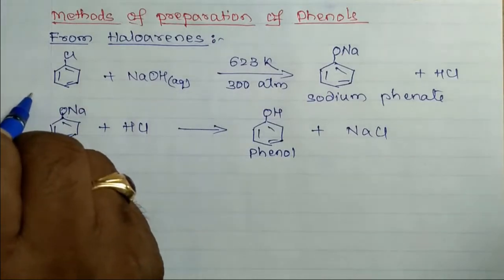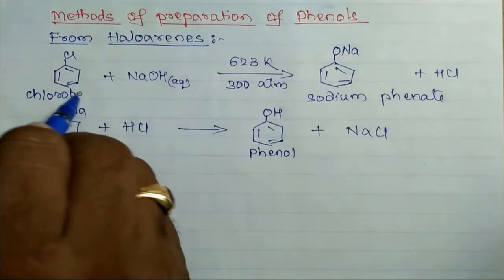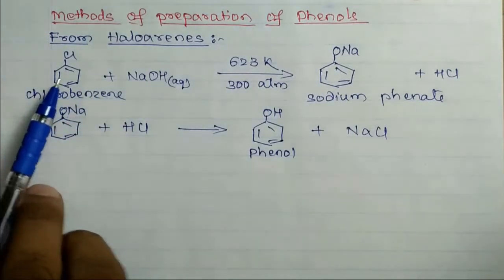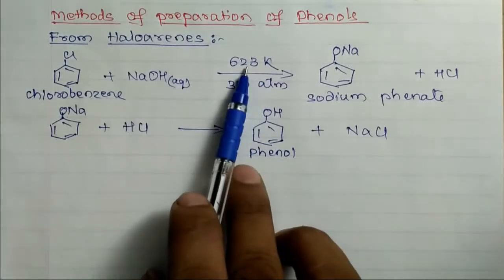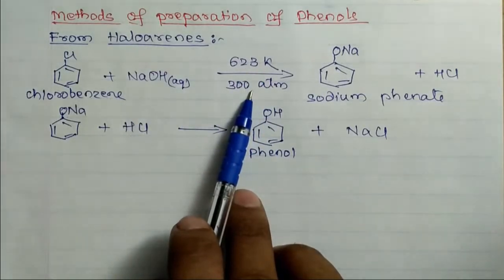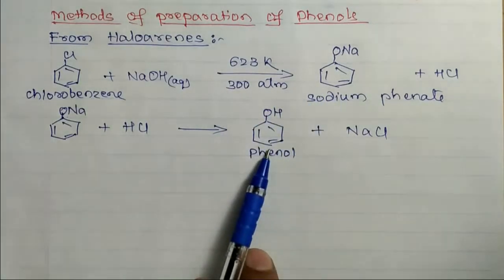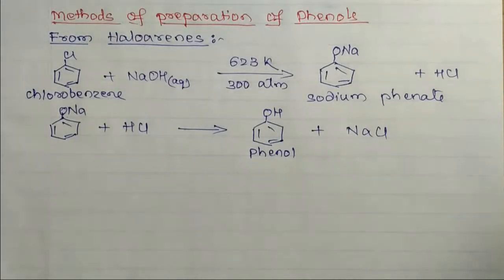This is chlorobenzene. This is sodium phenate. Chlorobenzene is heated with aqueous sodium hydroxide at 623 Kelvin and 300 atmospheric pressure. Sodium phenate is formed, which on acidification gives phenol. This is the method of preparation starting from haloarene.